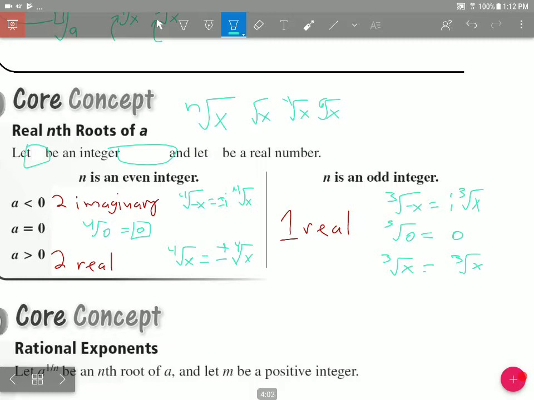Now, again, this only works when you're solving for something. Here's what I mean by that. The square root of 16 is what? 4. Because 4 times 4 is 16, always. Now if I have x squared equals 16, this is what I mean when you're solving for an x.